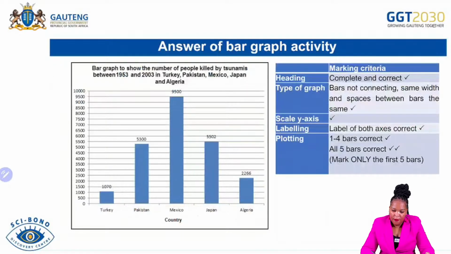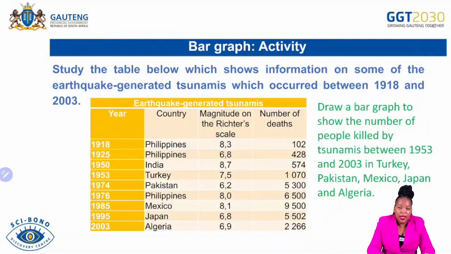I want us to go back a bit. You must study the table below, which shows information on some of the earthquake-generated tsunamis which occurred between 1918 and 2003. When we go for break, I want you to analyze this table here.